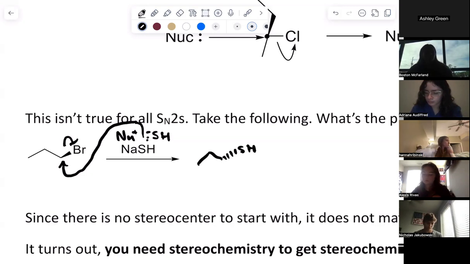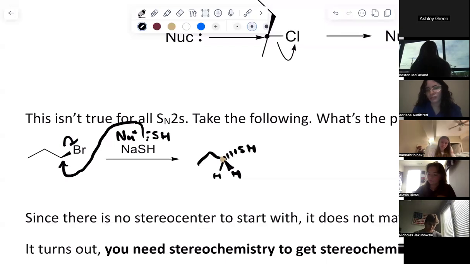Does it matter that I do that wedge? Is this a chiral center? It's not. There's two hydrogens on it. Conceivably, one of them's on a wedge at this point.